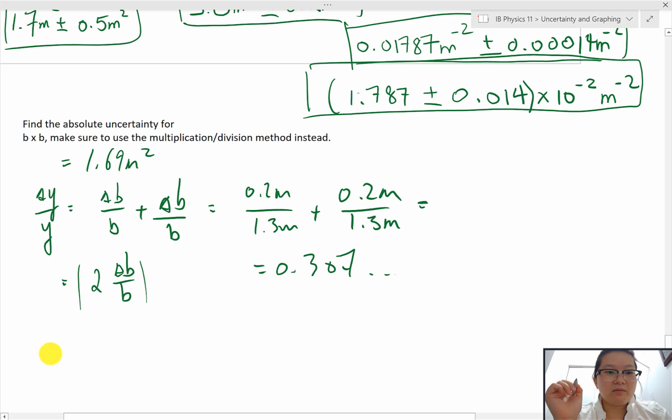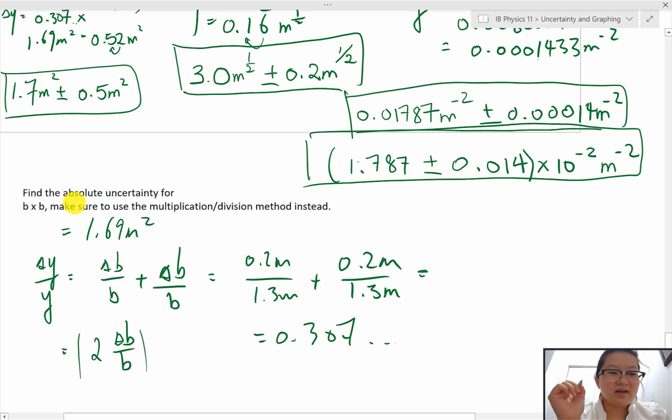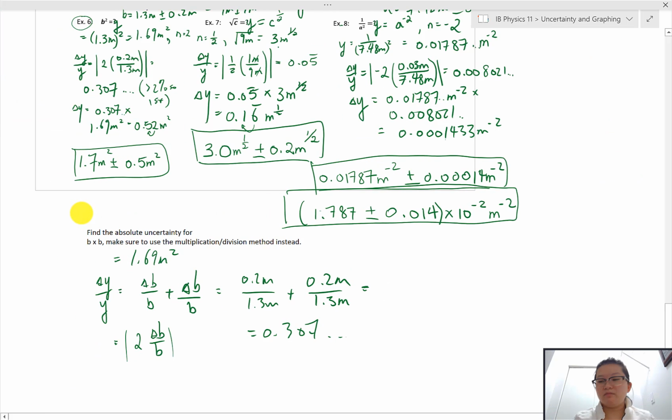Huh? And then, actually, you know what? Hopefully there shouldn't be more need for me to continue this, because take a look at my fractional uncertainty of my answer, 0.307. It is exactly the fractional uncertainty we got for question 6 over here. So if I take this and multiply by 1.69, that's going to give me exactly the same answer.